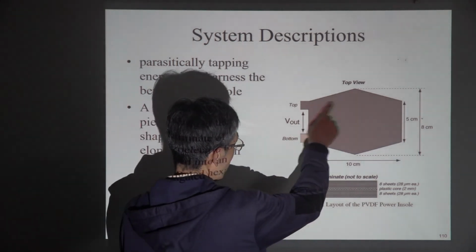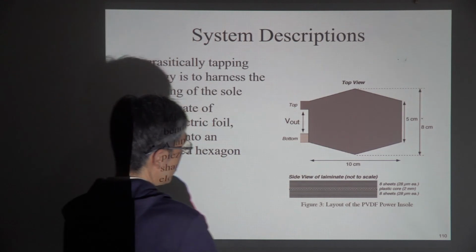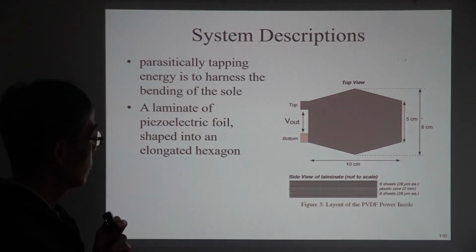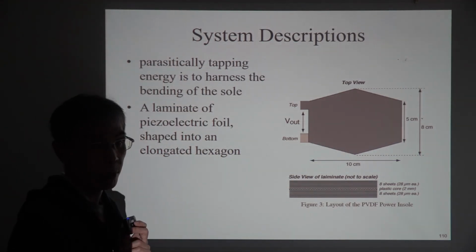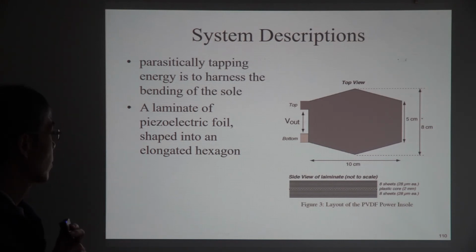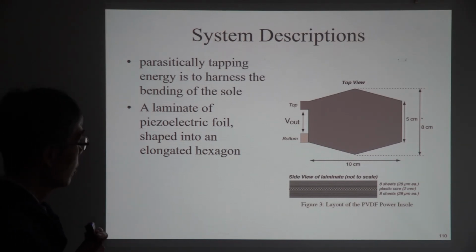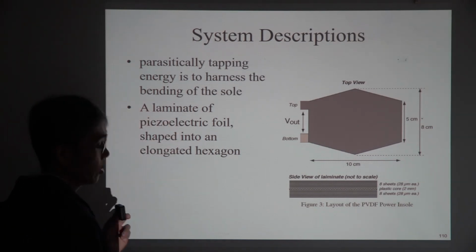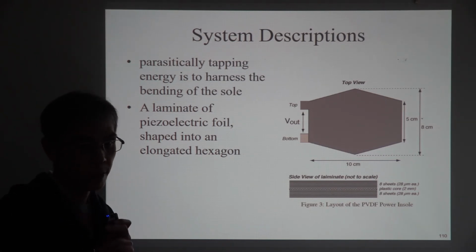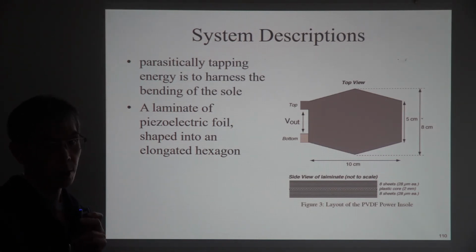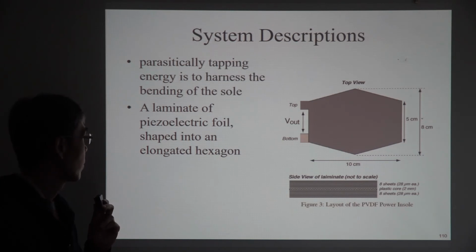So we have top electrode and bottom electrode to collect the power output. Then the bending action, because while we are walking, we create bending in the sole of our shoes.